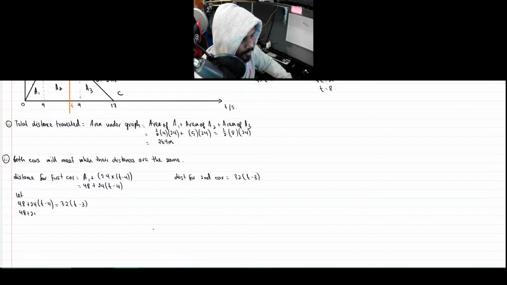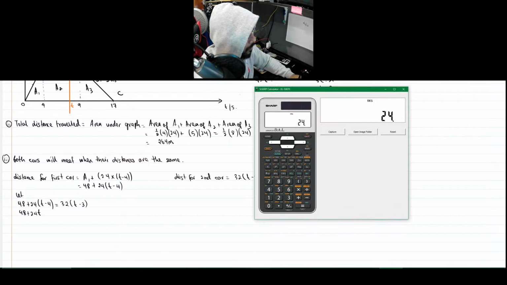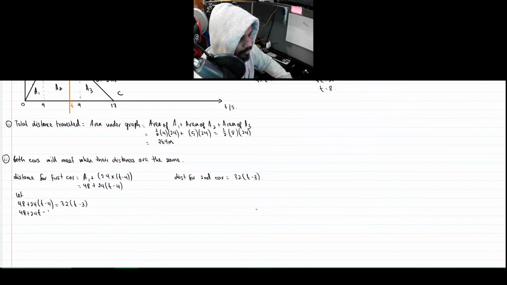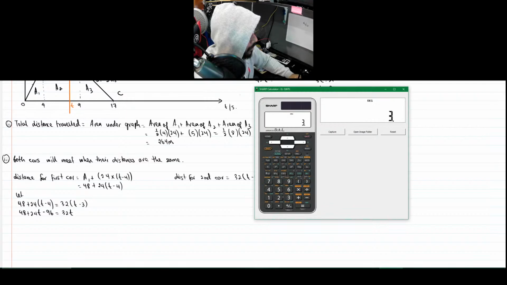48 plus 24t, 24 by 4 is 96, minus 96. Equals 32t, and 32 by 3 is 96 as well.